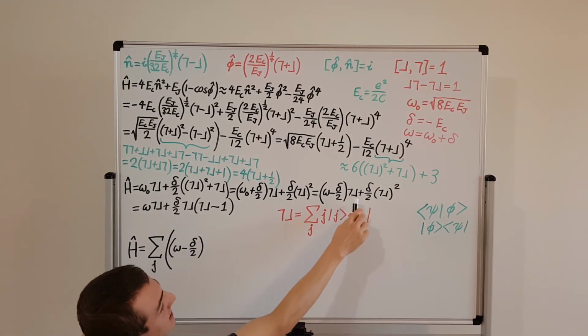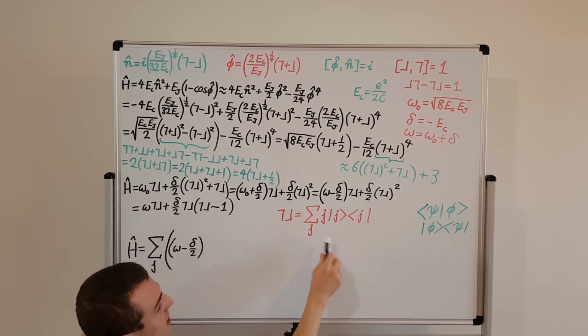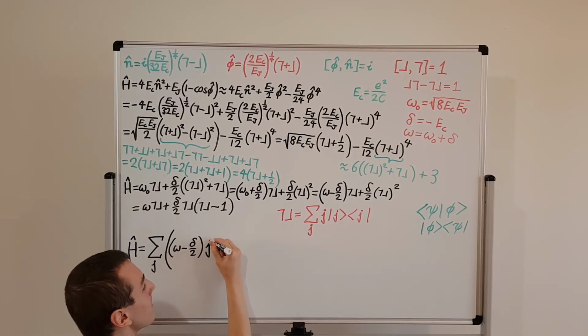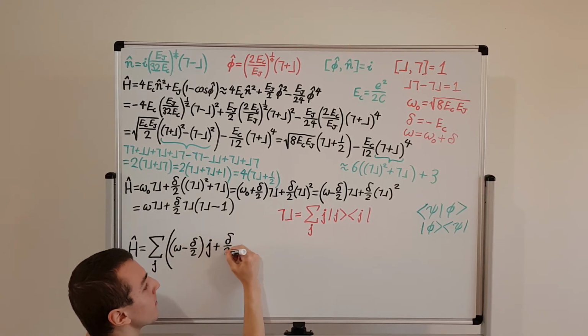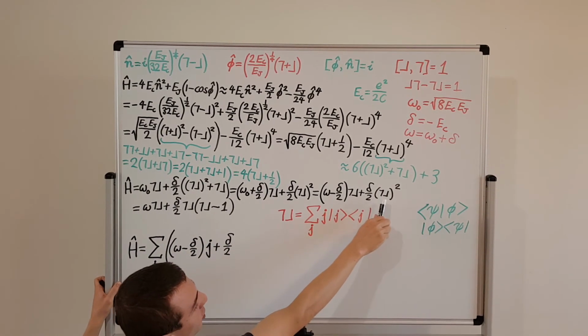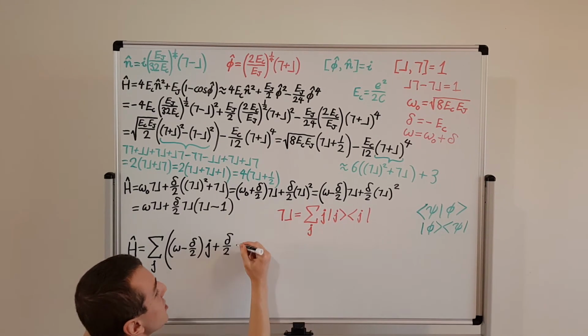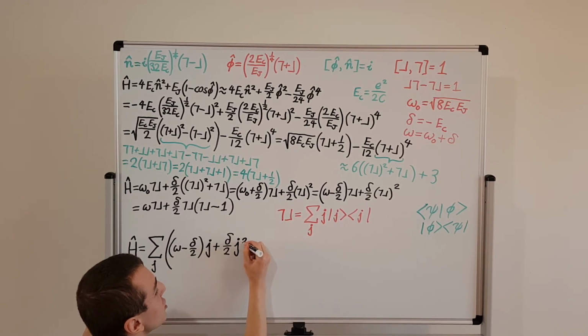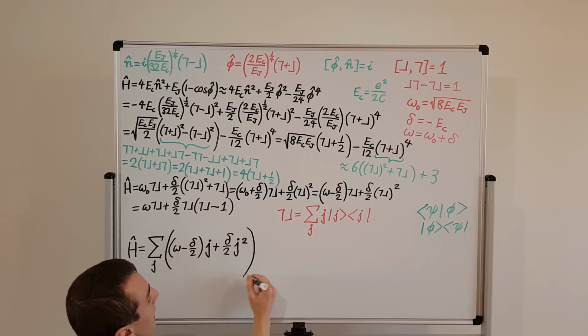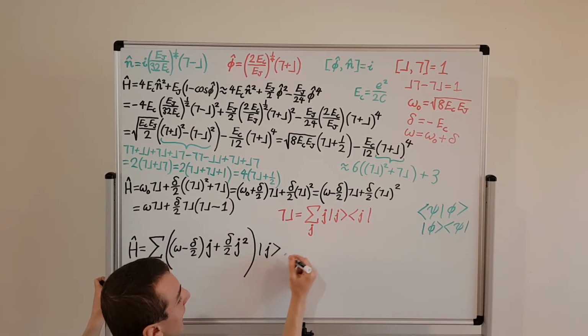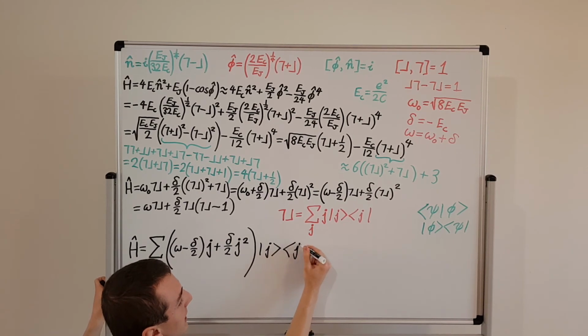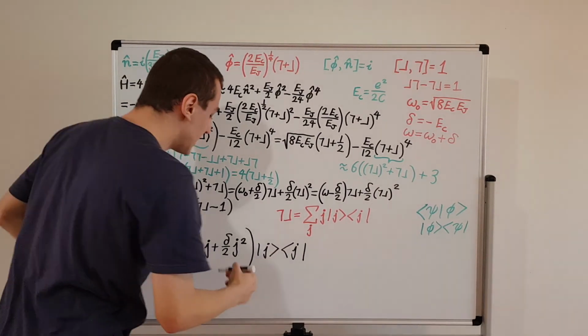Then this over here is creation annihilation, so that's just going to turn into j. Then we have delta on 2, and here we have annihilation creation squared, and that's going to turn into j squared. I'll close this bracket, and then we have a ket j and then a bra j. So this is what we have.